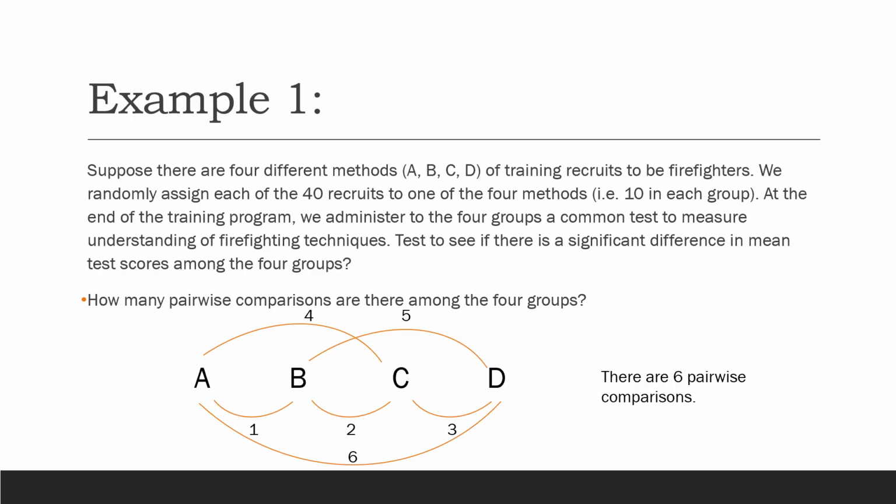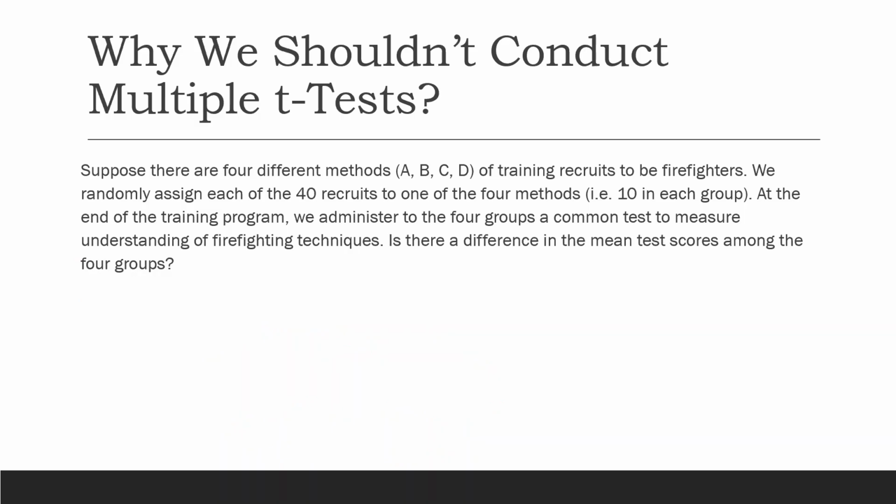And so if we only wanted to use the independent samples t-test, we would have to conduct 6 t-tests in order for us to draw conclusions about the study here. All right? But we actually should not do that. And I'll tell you why here.